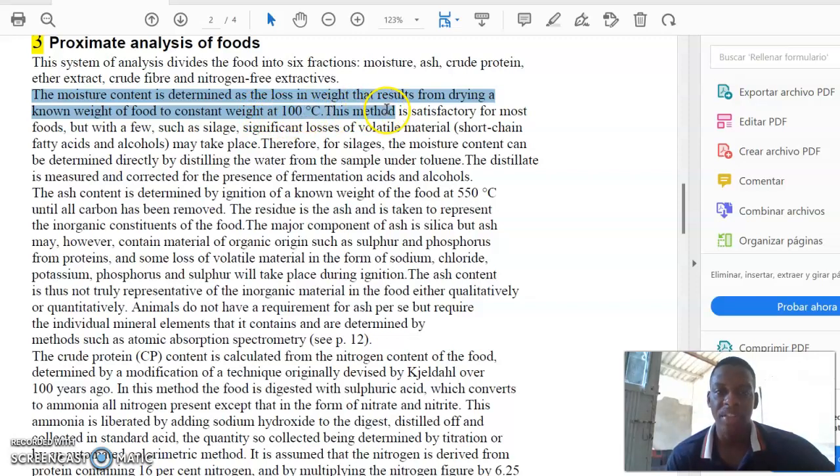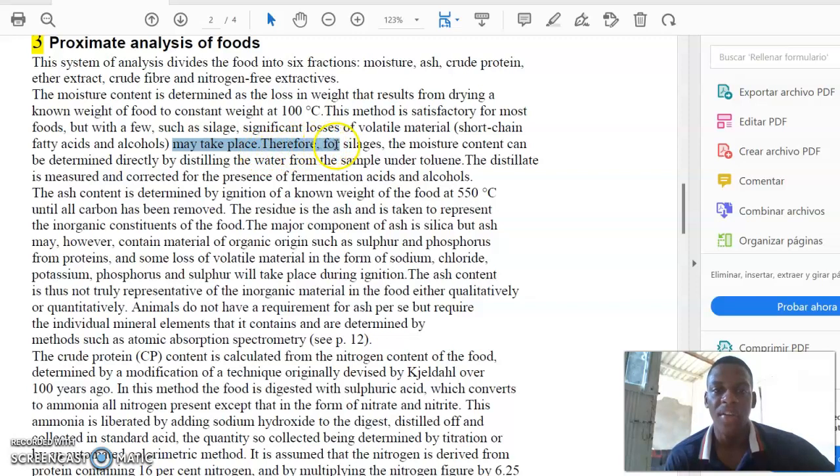This method is satisfactory for most foods, but with a few, such as silage, significant losses of volatile material may take place.